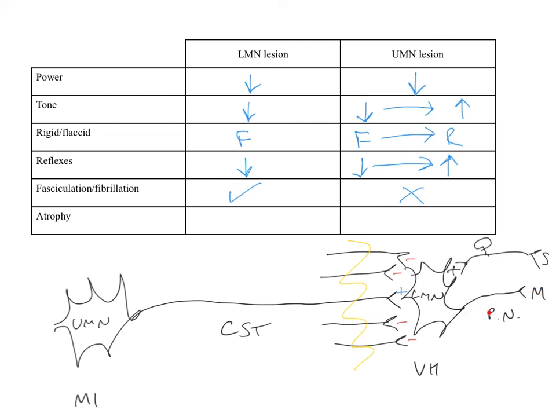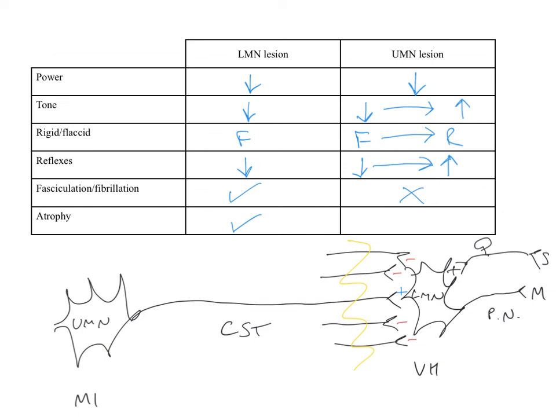If you interrupt the axon of a lower motor neuron or destroy its cell body, you lose this supply of growth factors and other goodies, and therefore the muscle fibre is receiving less of a growth incentive, if you like, and will tend to atrophy. Okay, so atrophy is a pronounced feature of lower motor neuron lesions.